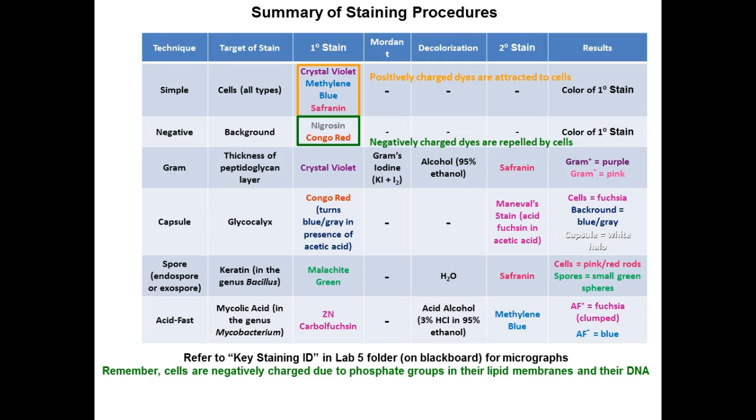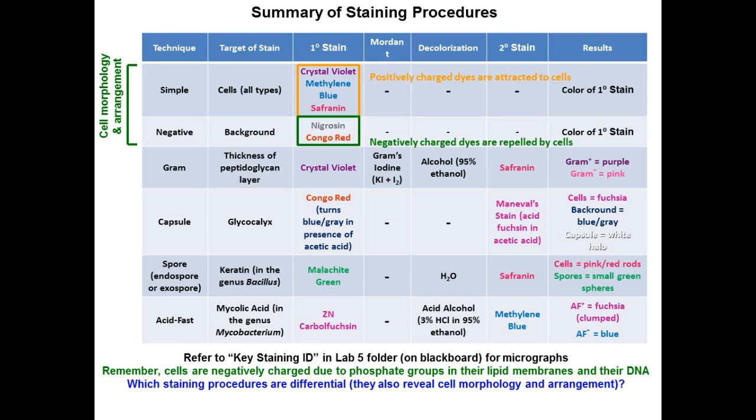And the two that we used were nigrosin and Congo red. And then our other, so those very simple stains, at the most you're going to be able to tell cell morphology and arrangement. The rest of the stains we did gave us a little bit more information about our organisms, right?